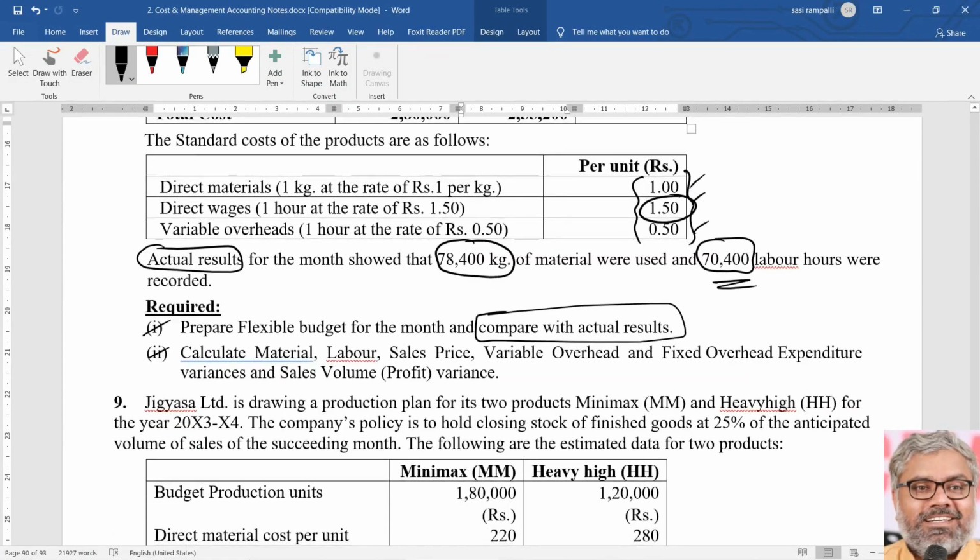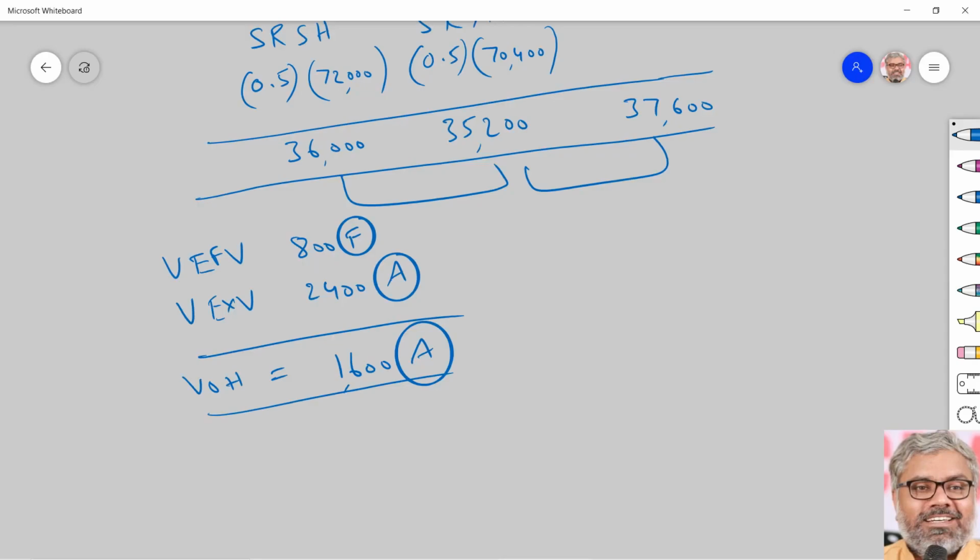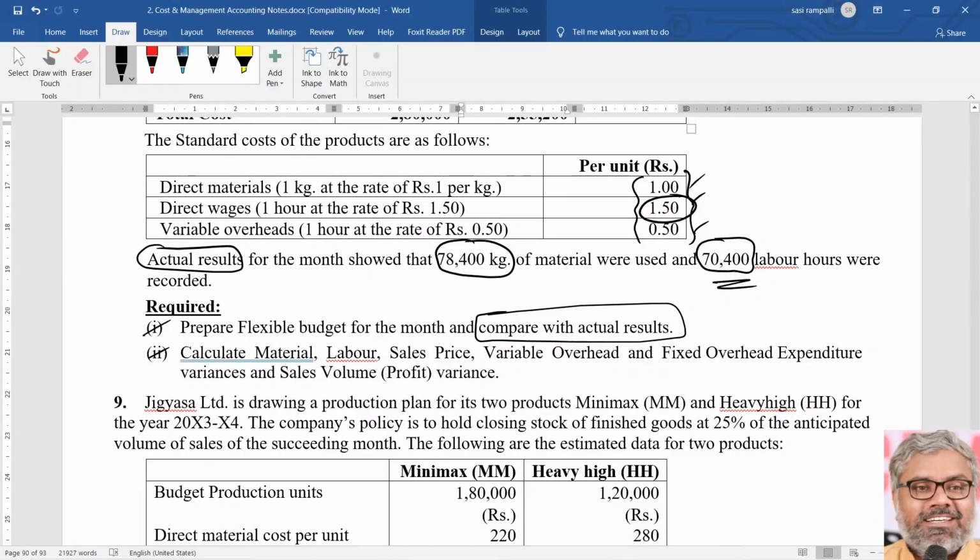And when it comes to the fixed overhead variances, he has asked for fixed overhead expenditure variance only, particularly speaking. We don't need all the other variances. What is the fixed overhead expenditure variance? Also can be called budget variance. It is nothing but the budgeted fixed overheads minus actual fixed overheads. How much was budgeted fixed overhead?